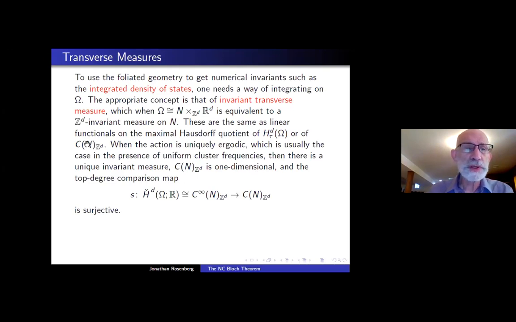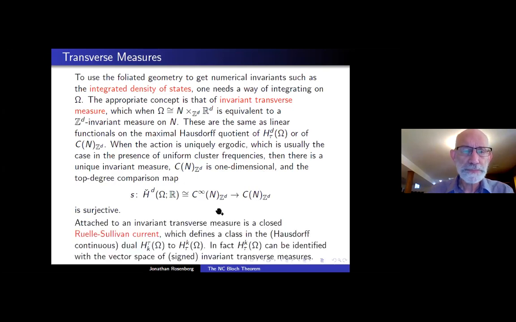So in that situation, this cohomology group is actually one-dimensional, and the comparison map is surjective. So then this actually has to surject onto that. Now, attached to an invariant transverse measure, this is a more general concept from the theory of foliations, there's something called the closed Ruelle-Sullivan current, and that defines a class in the Hausdorff continuous dual to the top degree tangential cohomology.